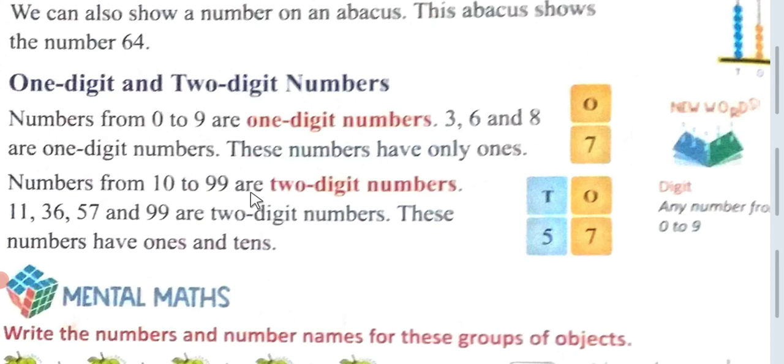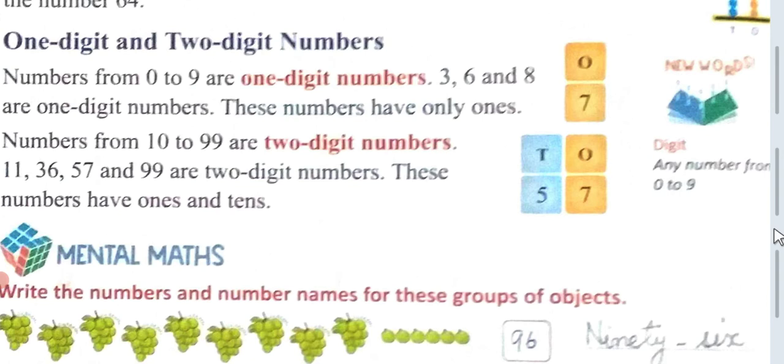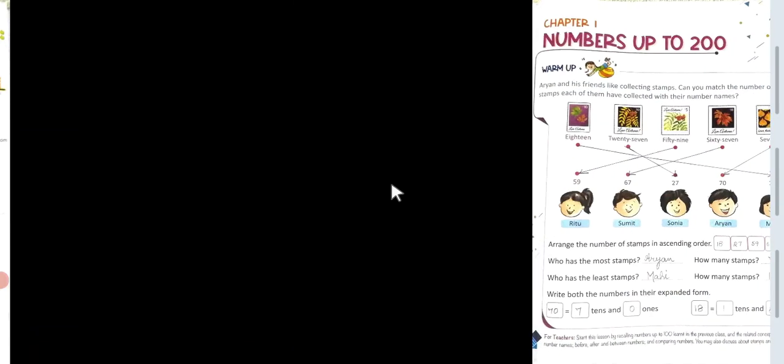Numbers from 10 to 99 are 2 digit numbers. 11, 36, 57 and 99 are 2 digit numbers. These numbers have ones and tens. So you can see ones is 7. This is a 1 digit number, and when you have a 2 digit number, it will have tens and ones. So any number from 0 to 9 is a 1 digit number, and 10 to 99 is a 2 digit number.